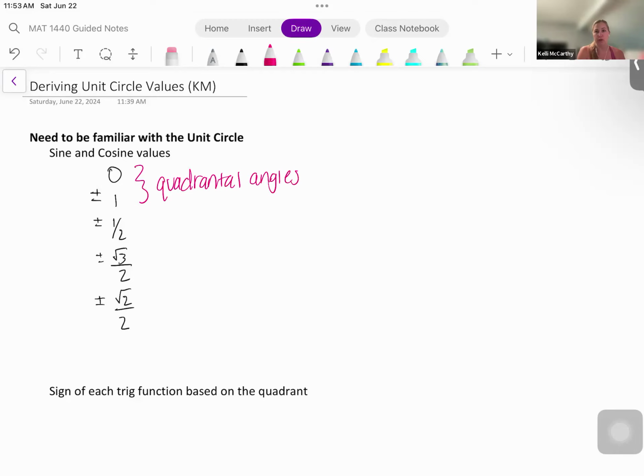Square root of 2/2, that's always going to be associated with some odd multiple of pi/4. It's the 1/2 and the square root of 3/2 that I think are the trickiest, because they're associated with either multiples of pi/3 or pi/6.